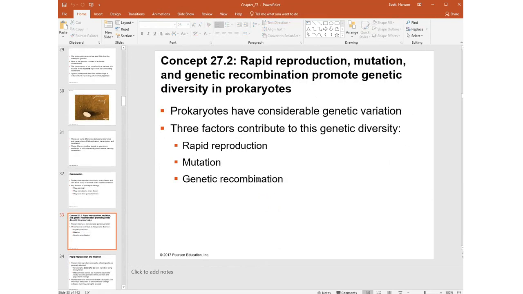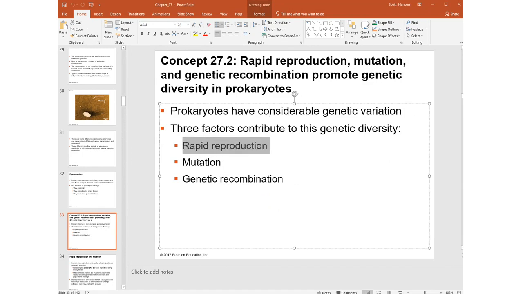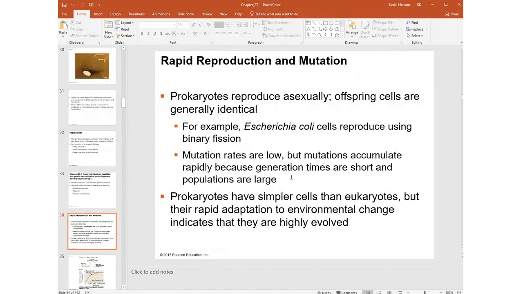Basically, the prokaryotes do have considerable genetic variation, and there are 3 things that contribute to this high degree of genetic variation: their rapid reproduction, their frequent mutations, and their ability for genetic recombination. We'll go through each of these one right after the other in turn.